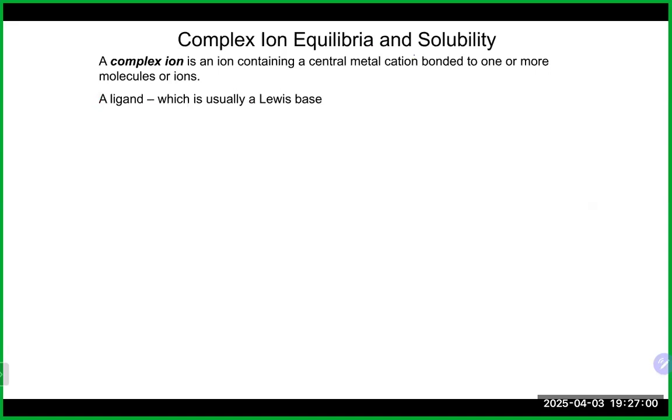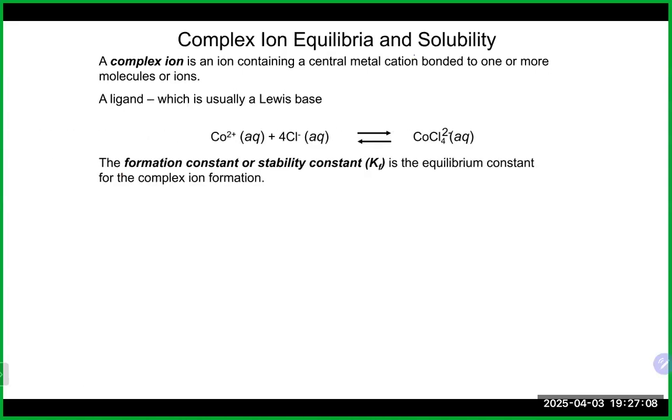All right. One more equilibrium thing to talk about here, which is complex ion equilibrium. And a complex ion is usually a metal with a positive charge. A lot of times it's a transition metal, and it basically has what is referred to as a ligand attached to it.